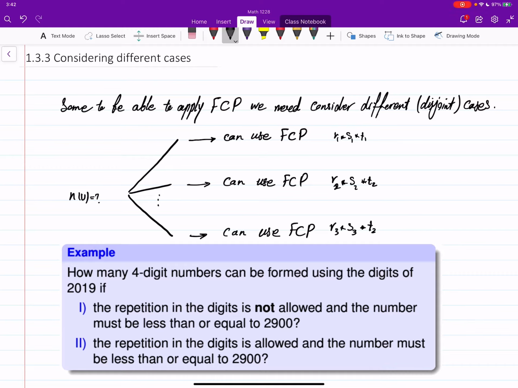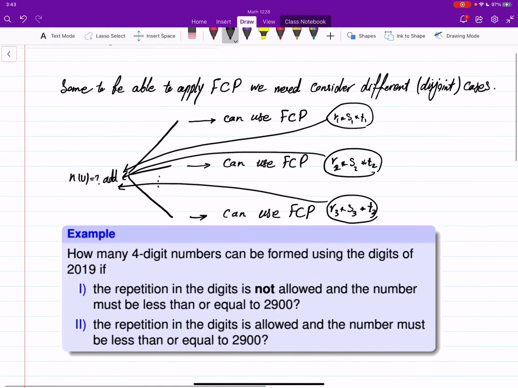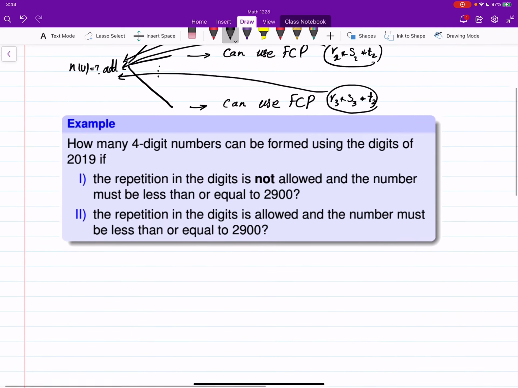You have to add these guys here. So you first do the fundamental counting principle for each branch and then add all those cases. Okay, let's see this in some examples and you'll notice that it's a very natural way of doing this.